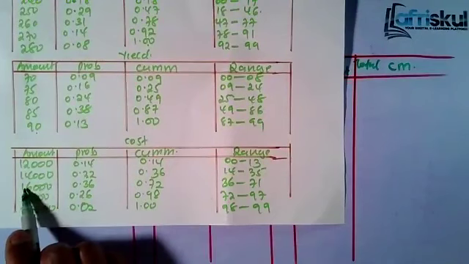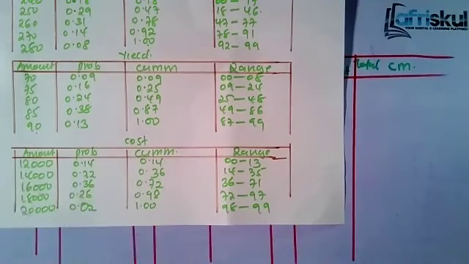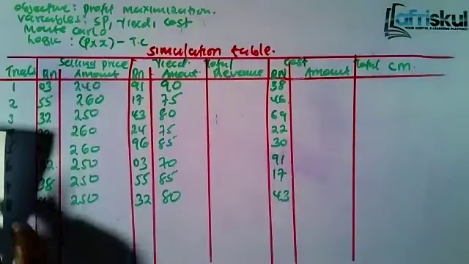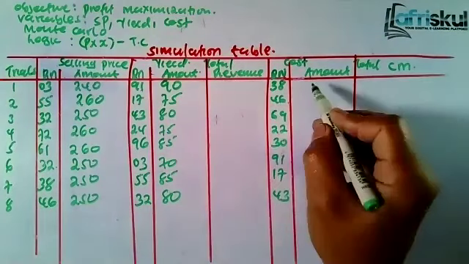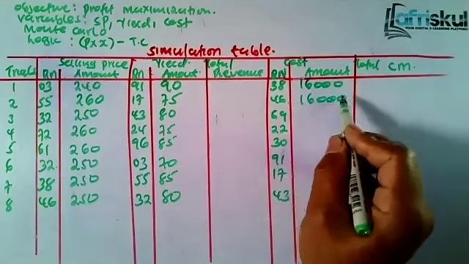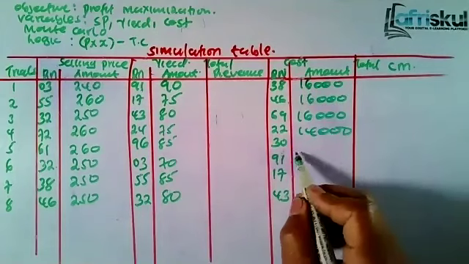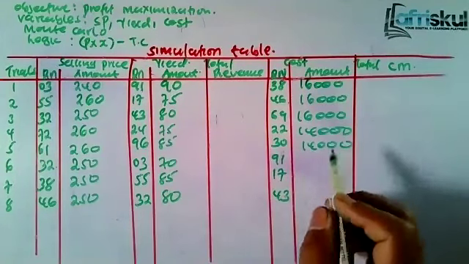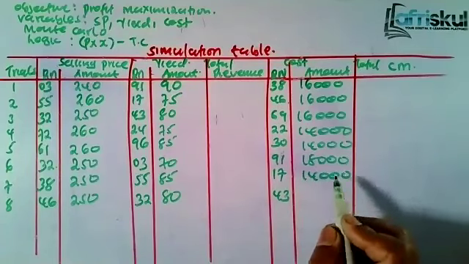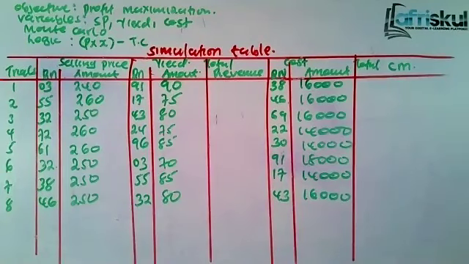That means the amount will be 16,000. 46 bado ni 16,000. 69 bado ni 16,000. 22 ni 14,000. 30 ni 14,000. 91 hiyo ni 18. 17 it's 14,000. 43 it's 16,000. Now with that, now we can get the total revenue.